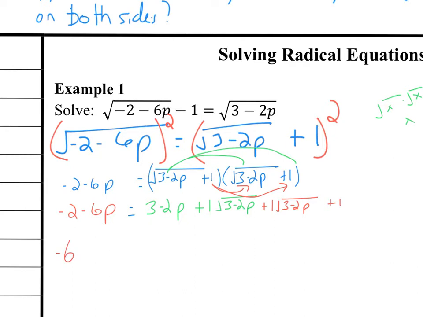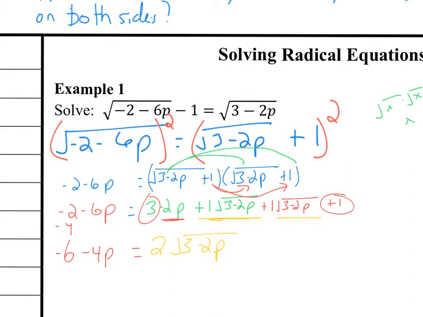I also have a negative 2p that I'm going to add over. So when I add the 2p to the negative 6p, I get negative 4p equals. I now see that I can combine here and here. I have a 1 square root 3 minus 2p and another 1 square root 3 minus 2p. That can make a total of 2 of the square root 3 minus 2p.